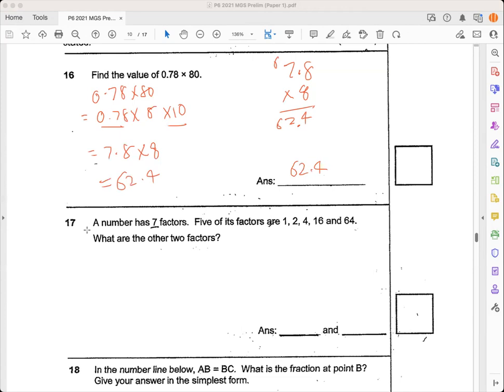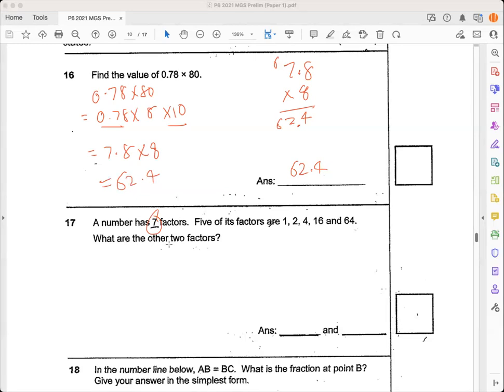Question 17 is a little bit tricky. Let me clear this. So when we talk about factors, you'll notice that factors are supposed to be one number multiplied by another number, right? But the funny part is, factors come in pairs, so normally the count is even. However, the number of factors for that number is an odd number.